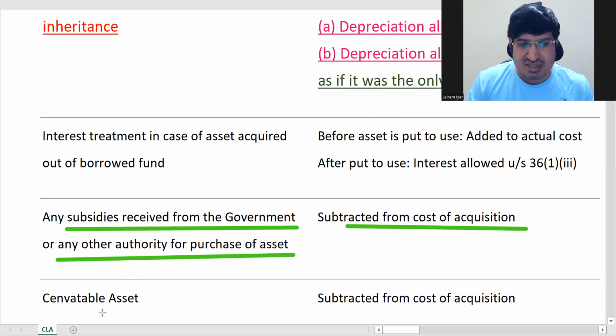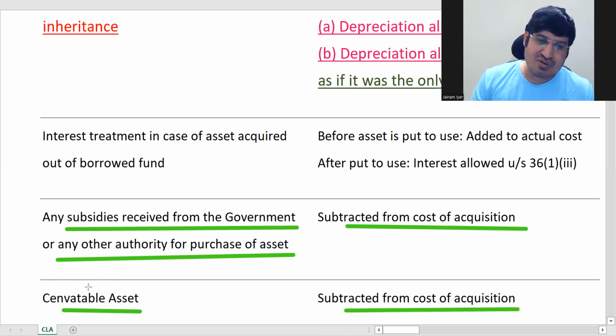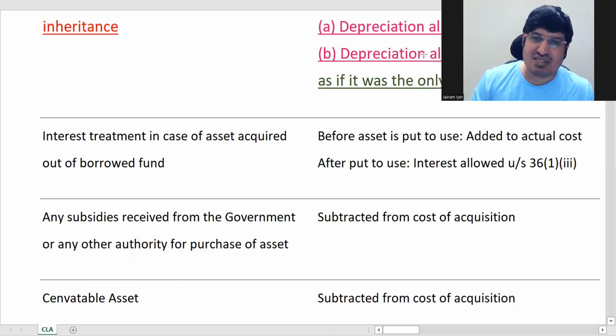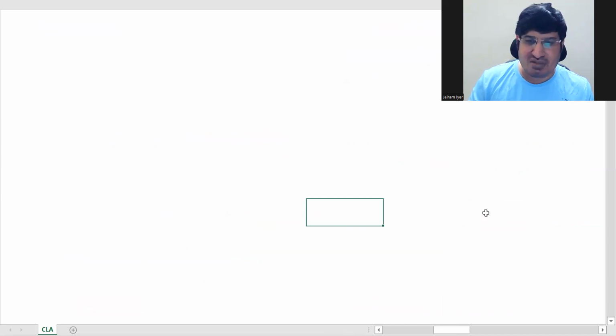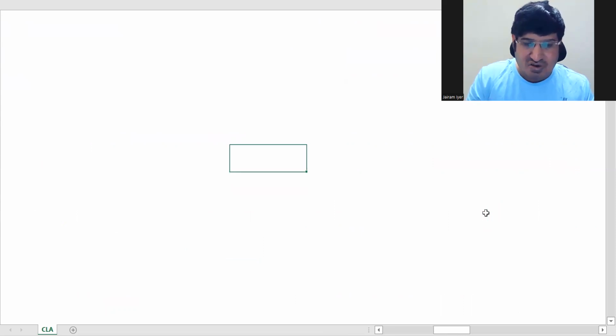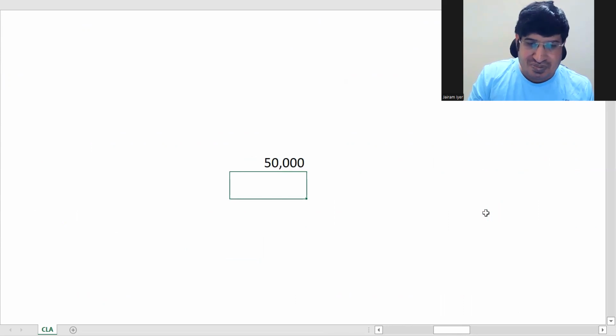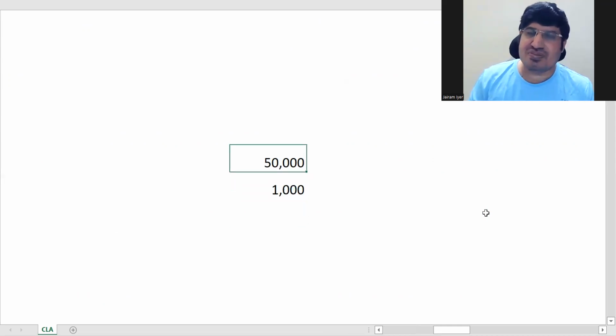Next is CENVAT credit on the asset. It is also subtracted from the cost of acquisition. So CENVAT is like a duty drawback, a drawback of tax. It means you purchased the asset for 50,000 and say your VAT, just take a guess, is 1,000.